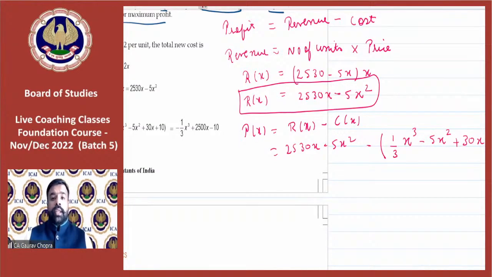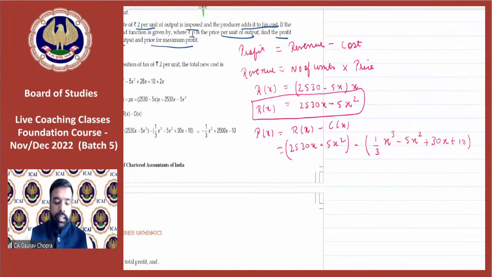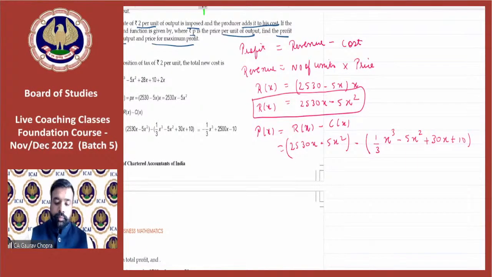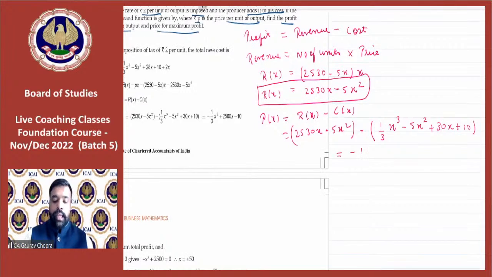Profit is equal to revenue minus cost, so let us subtract these two, and after subtracting we will get the result. What is the result? Minus 1/3 x cube, then 5x square will get cancelled.